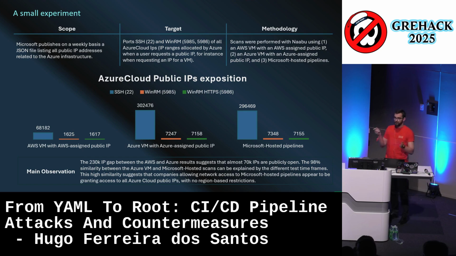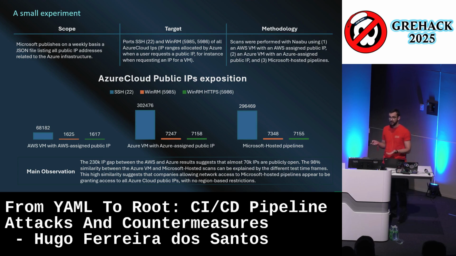Because one issue is every time you are using a Microsoft hosted pipeline, you don't know exactly which IP they will use. And from the documentation, they say, okay, we are using either one specific IP from a range called Azure DevOps, or one IP from the region of the Azure DevOps. So you don't have any way to know from where your Microsoft hosted pipelines will take its IP.